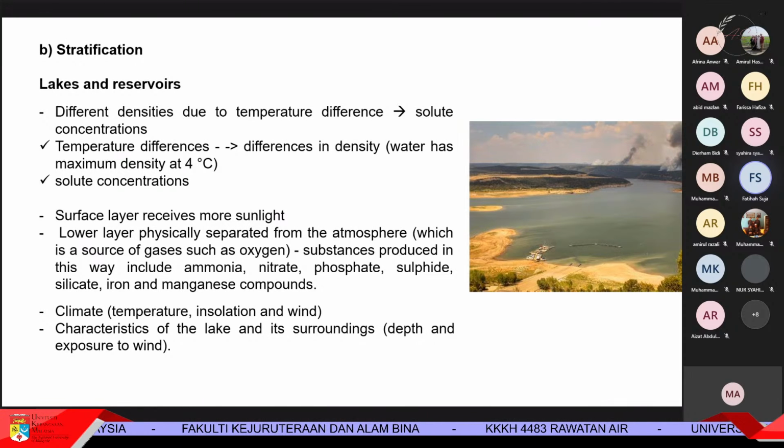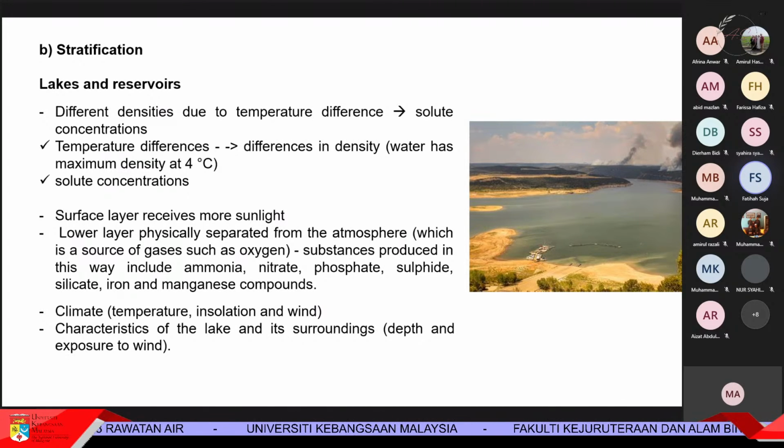Stratification occurs when the water in a lake or reservoir acts as two different bodies with different densities, one floating on the other. It is most commonly caused by temperature difference.